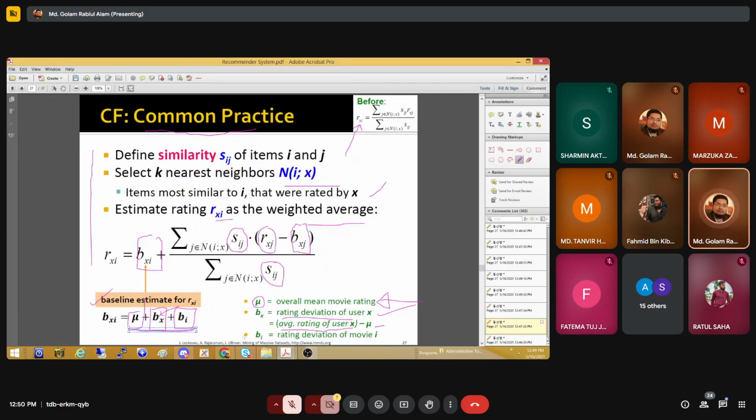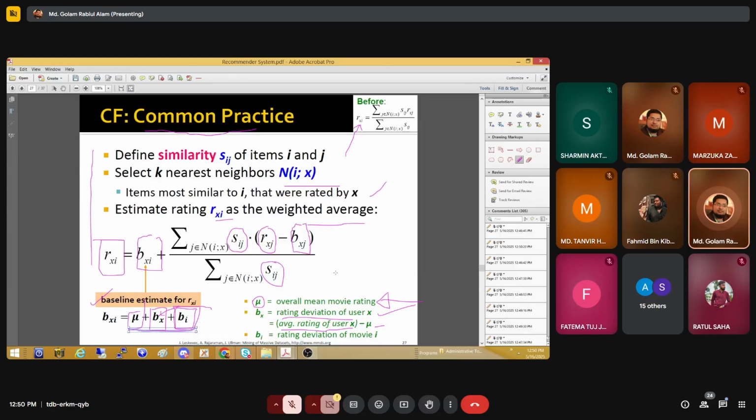That is, the average rating of movie i minus the overall mean movie rating. That will be our b i. If we add this to our baseline, we will get the predicted rating.